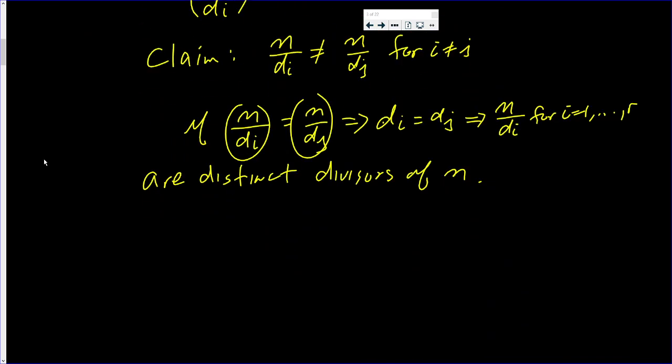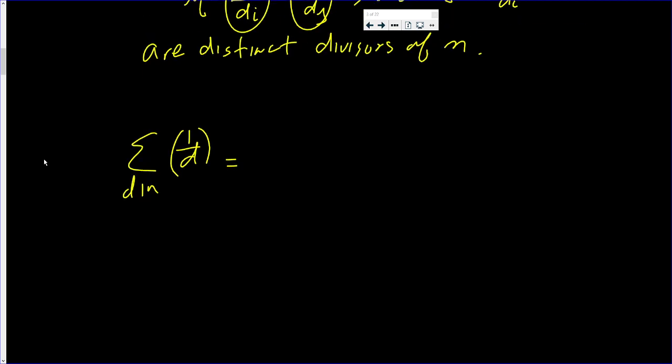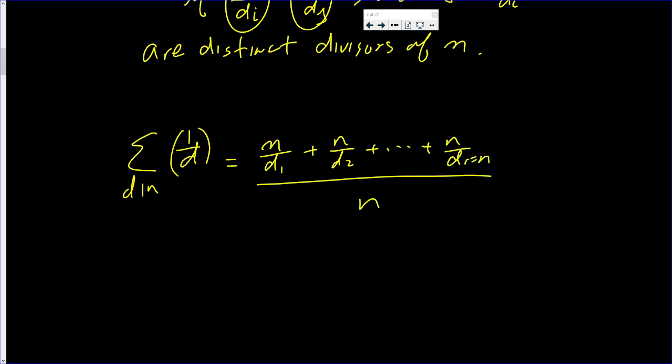So as of right now, we have the summation of the reciprocal of d, where d is a divisor of n, and this is equal to n over d1 plus n over d2 all the way up to n over d sub r, all over n.